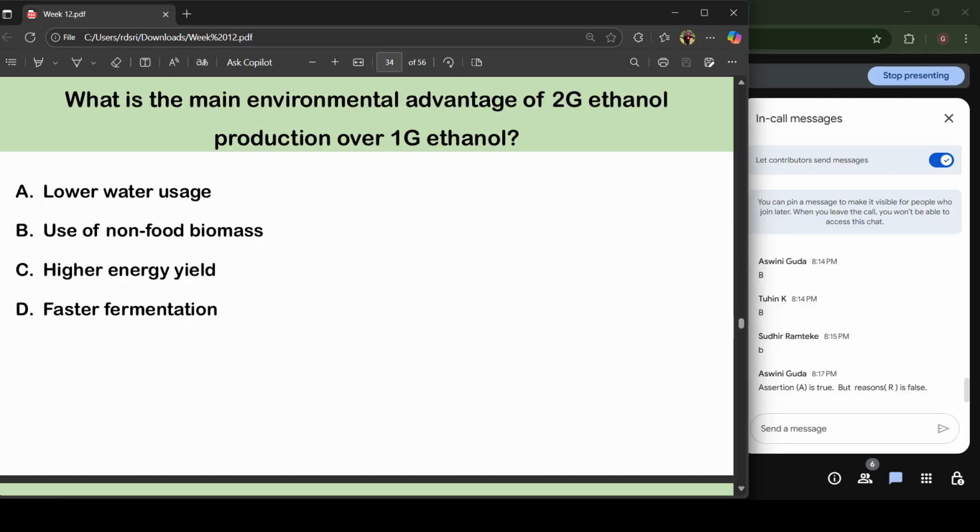Okay, so this is about first generation and second generation biofuels. What is the main environmental advantage of second generation ethanol over first generation?